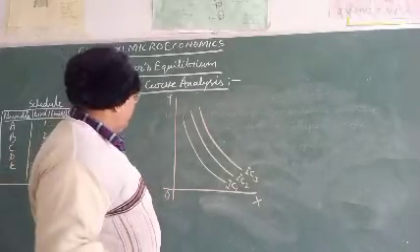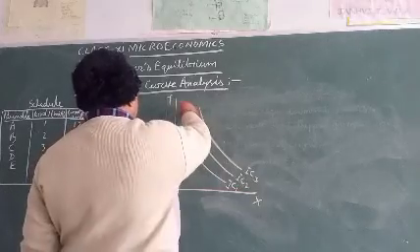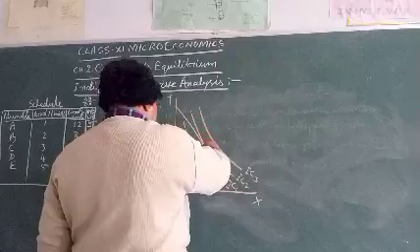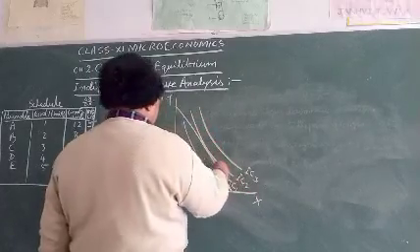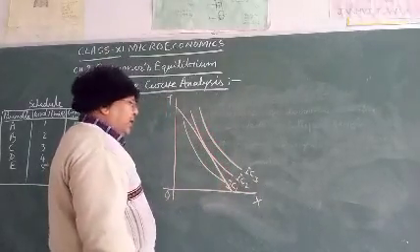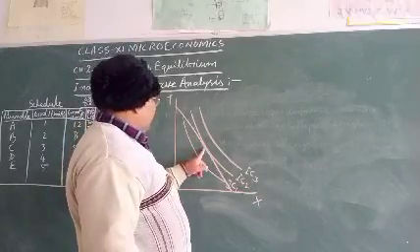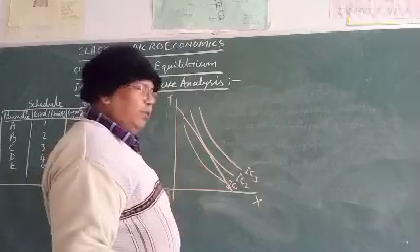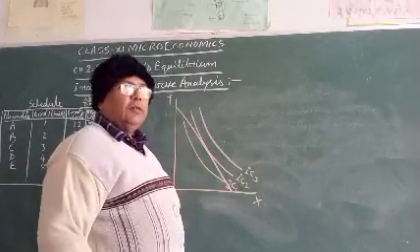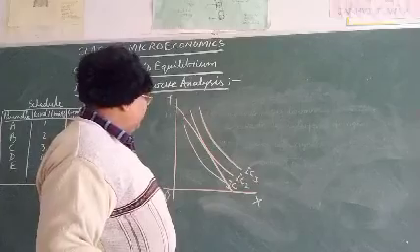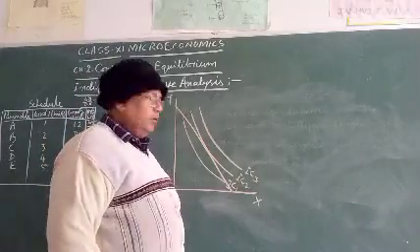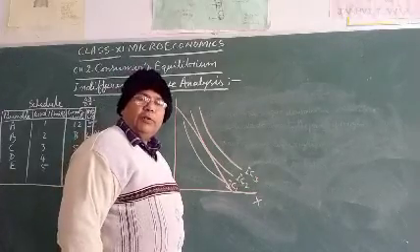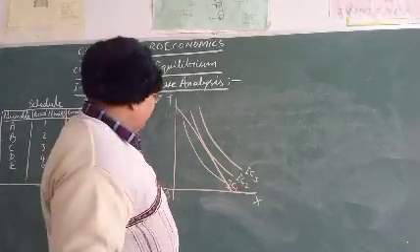The consumer will arrive at equilibrium at the point where the budget line is tangent to the IC, that is where the budget permits him to purchase the different combinations, because we know that the consumer gets maximum satisfaction at a higher, rightward, upward indifference curve.